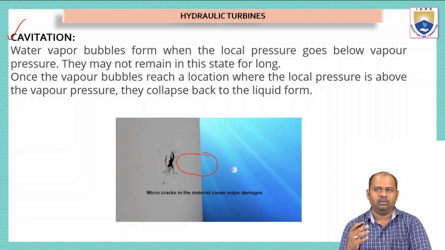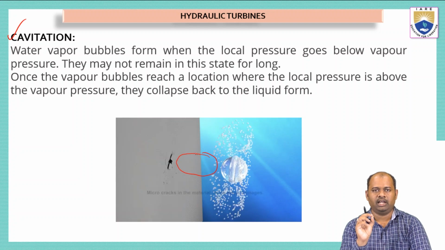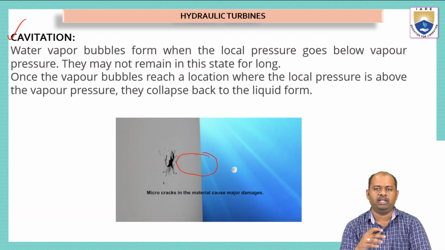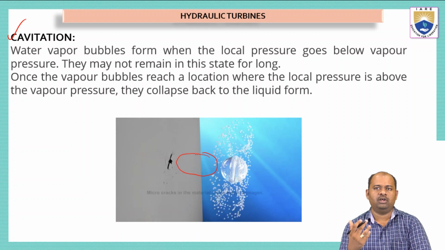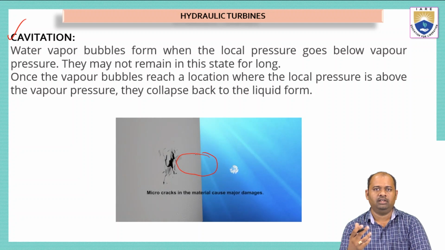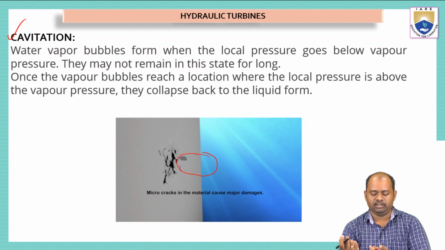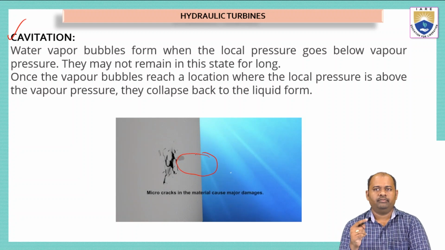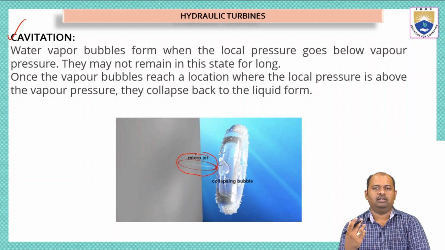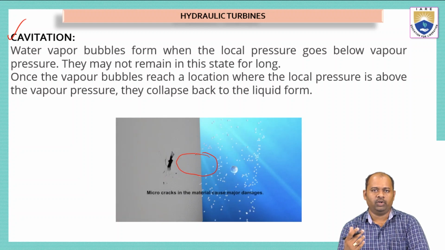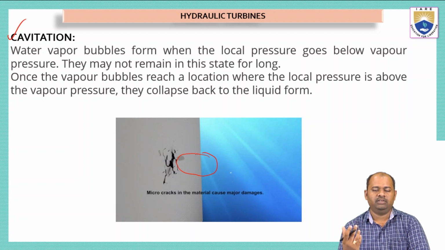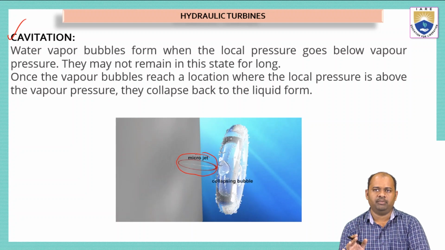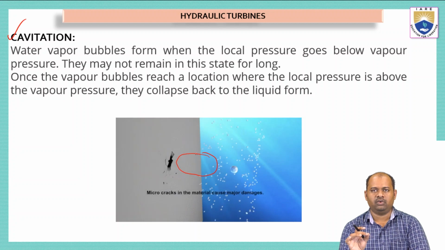Cavitation forms very small cracks on the surface of the turbine blade. These cracks are very dangerous because they may cause catastrophic failure, breaking the turbine into two parts when they are not observed carefully. So cavitation is the phenomenon where bubbles are rapidly formed and collapsed, and they severely damage the surface of the turbine parts. This phenomenon is called cavitation.